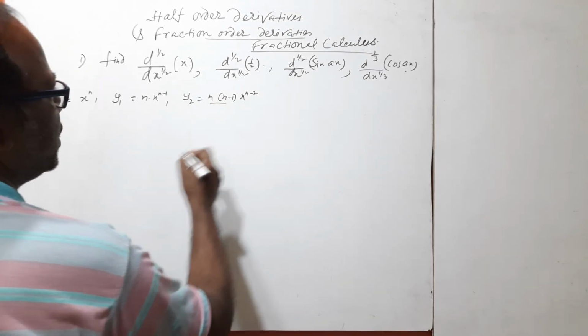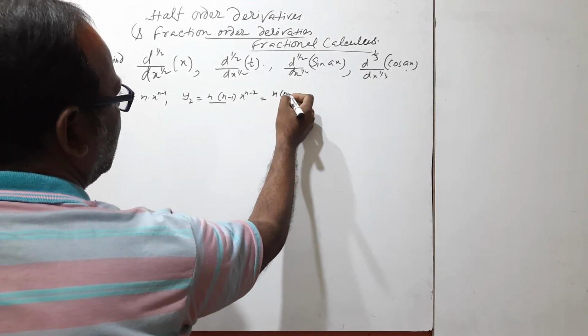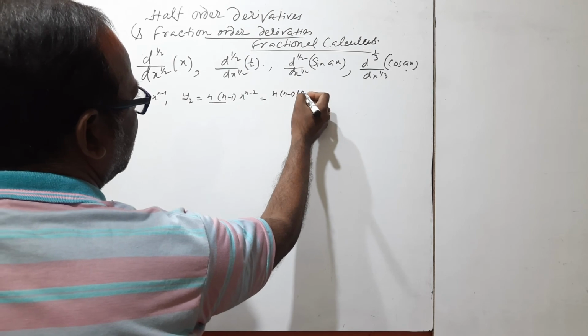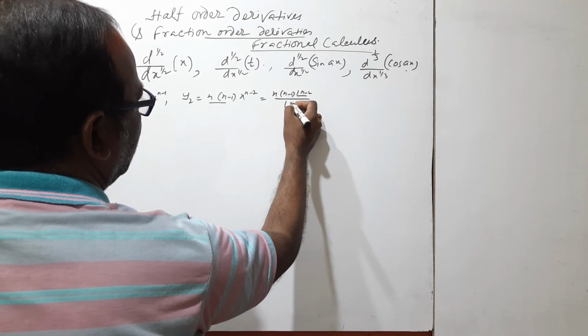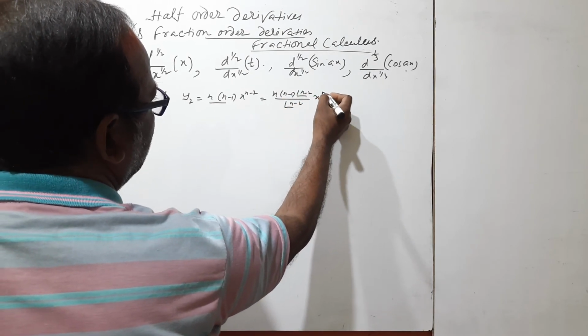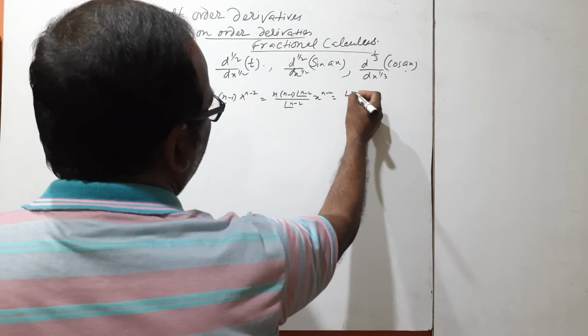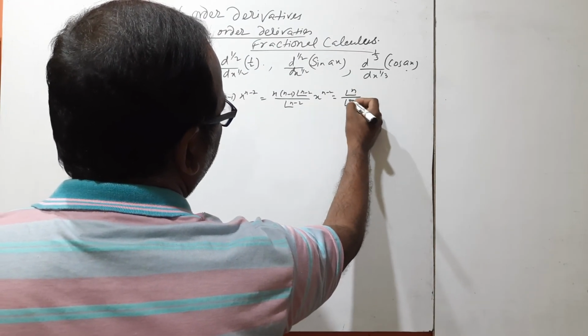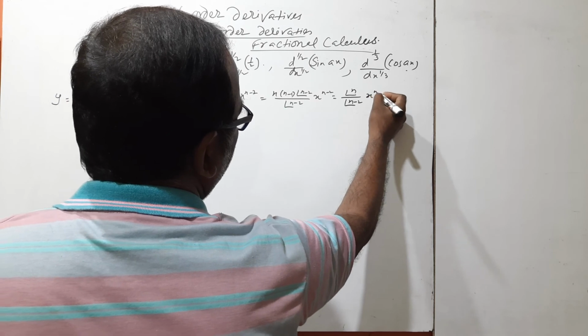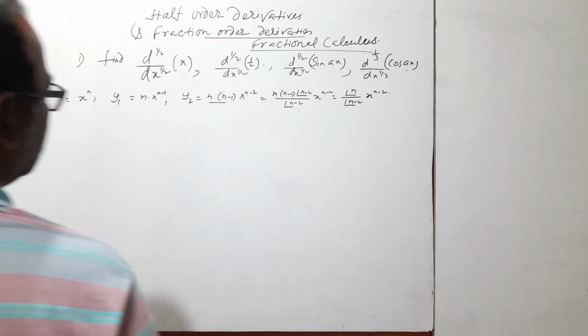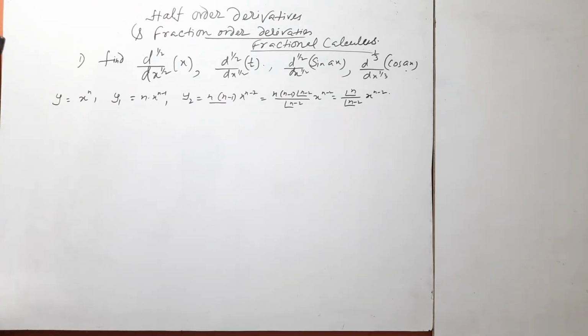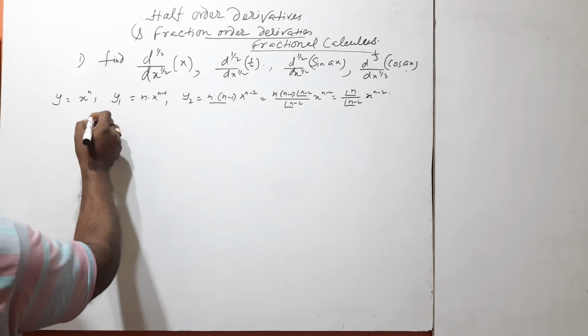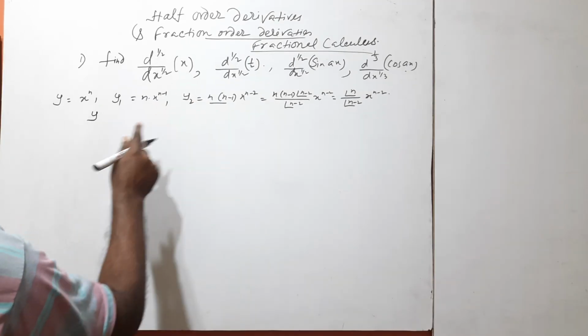In this case, n into n minus 1, after that factorial n minus 2, divided by factorial n minus 2, and x to the power n minus 2. Therefore this is factorial n over factorial n minus 2 and x to the power n minus 2. This is the second order derivative. After that, the kth order derivative.